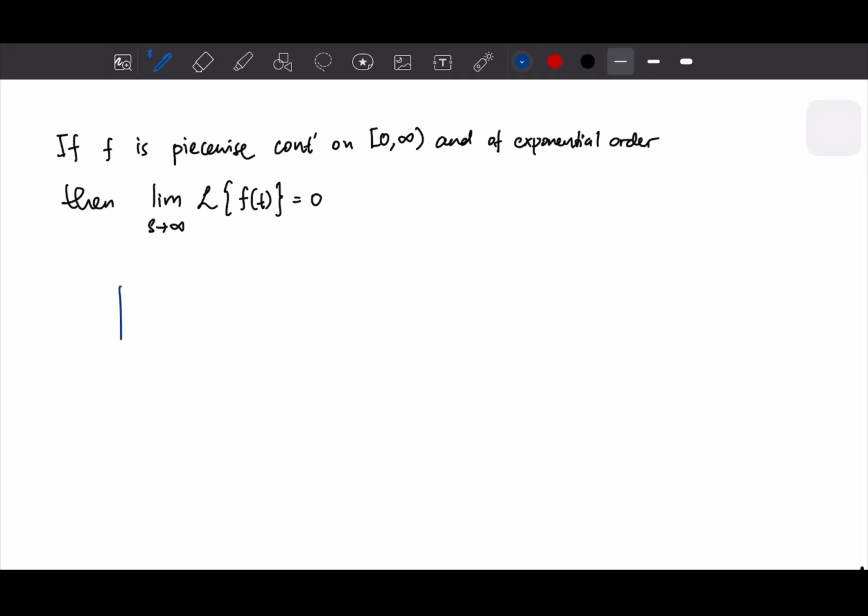So we take the absolute value of the Laplace transform. This is supposed to be less than or equal to the Laplace integral itself.